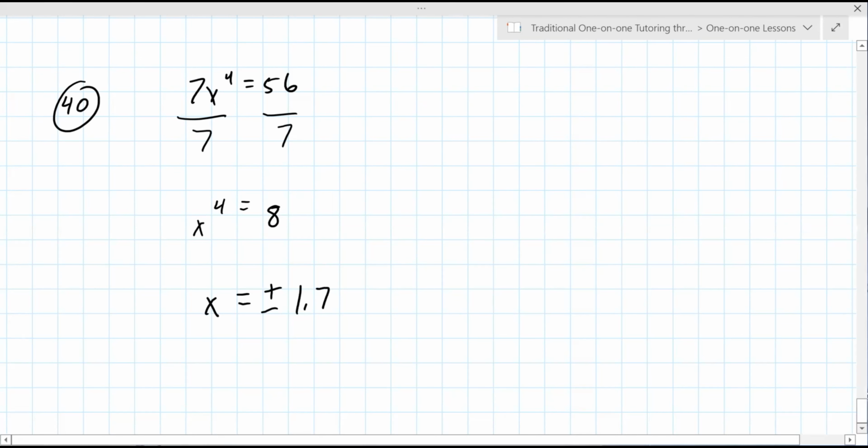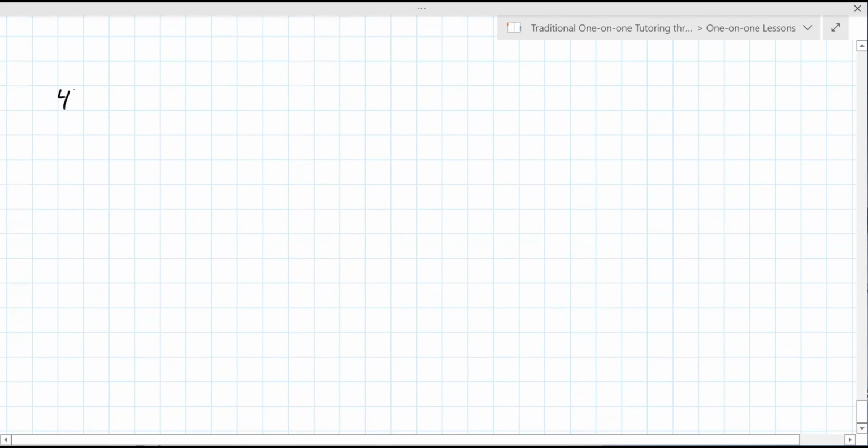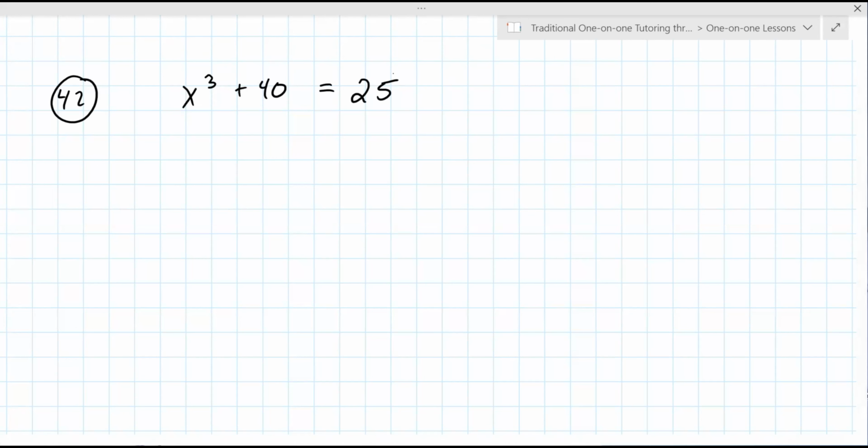All right, let's look at 42 now. x cubed plus 40 equals 25. And like the last problem, you have to undo multiplication, division, addition, and subtraction first before you do anything else. So you subtract 40.